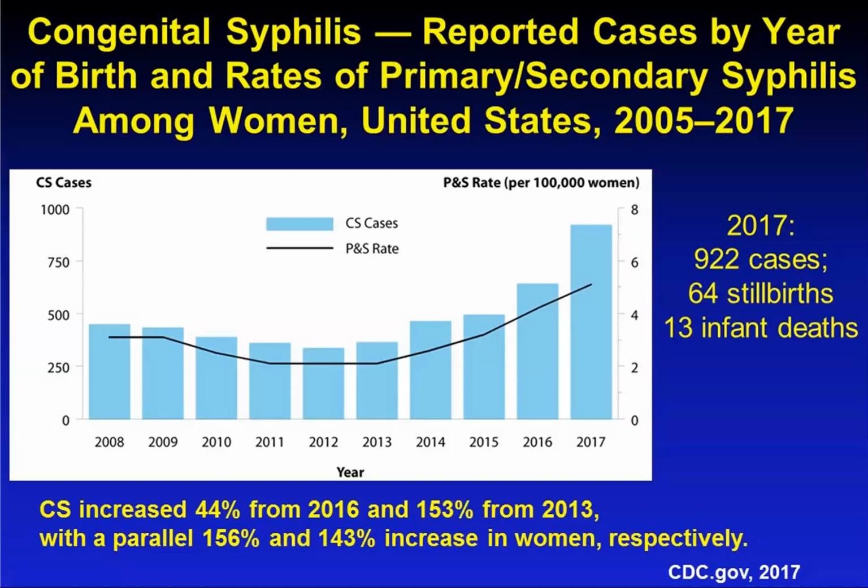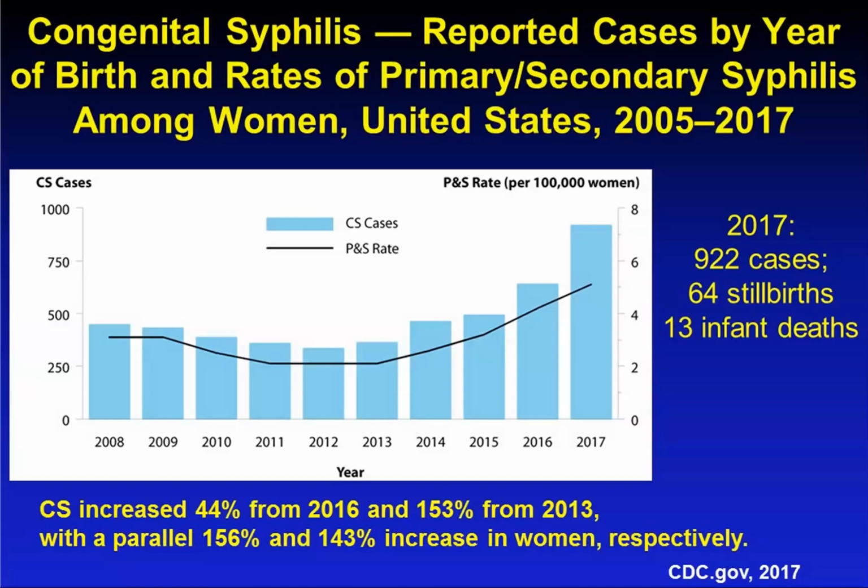You can see that from 2012 there has been a significant increase in both cases of primary and secondary syphilis, which are the most infectious stages of syphilis in women, and also a significant rise in congenital syphilis cases.